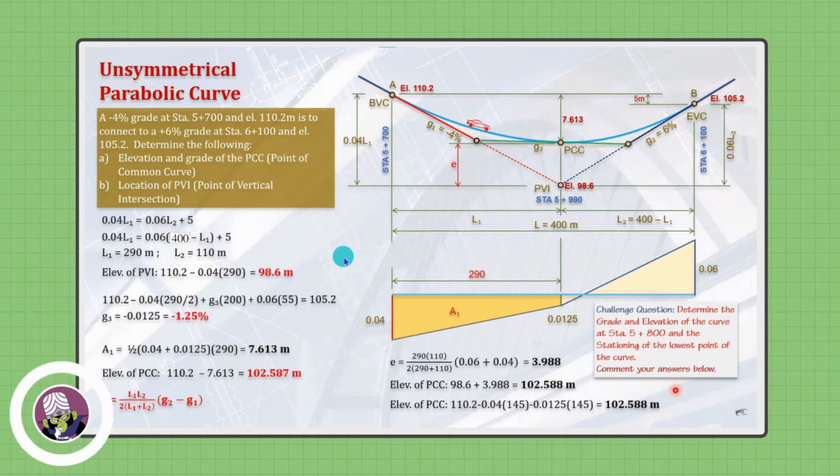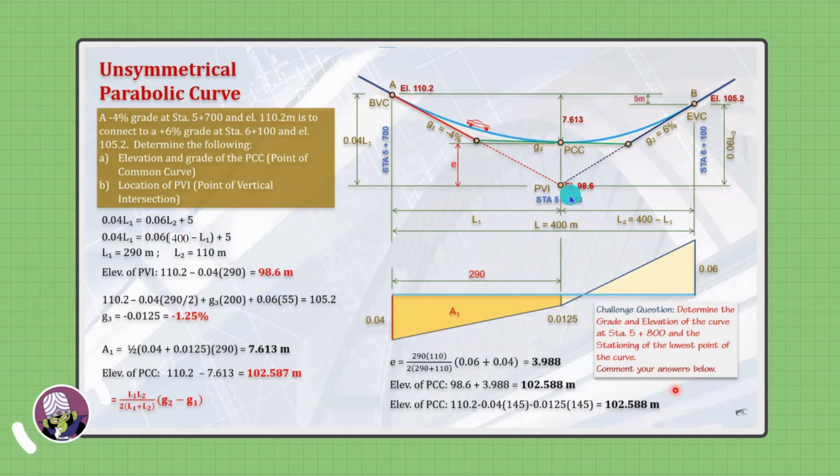So to get the elevation of PVI, we need to substitute the elevation of A, which is 110.2 minus 0.04, the gradient of the slope, times 290, is equals to 98.6 meters.